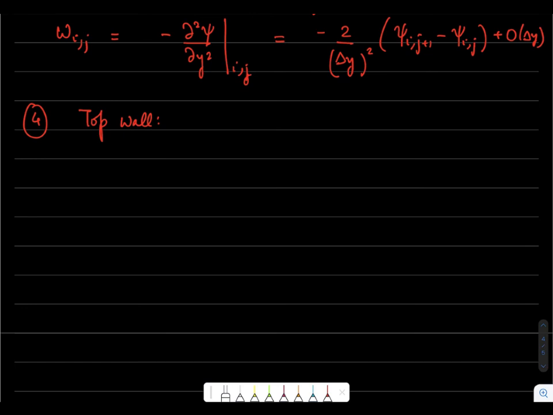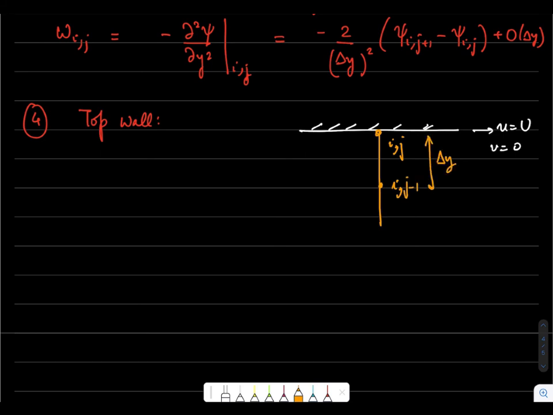So let me now show you how we can bring this into this problem using the definition of vorticity. On the top wall, let's draw it again. We have the top wall which is moving. There is a velocity here, v is 0, the grid is i,j, i,j minus 1, the spacing is delta y.